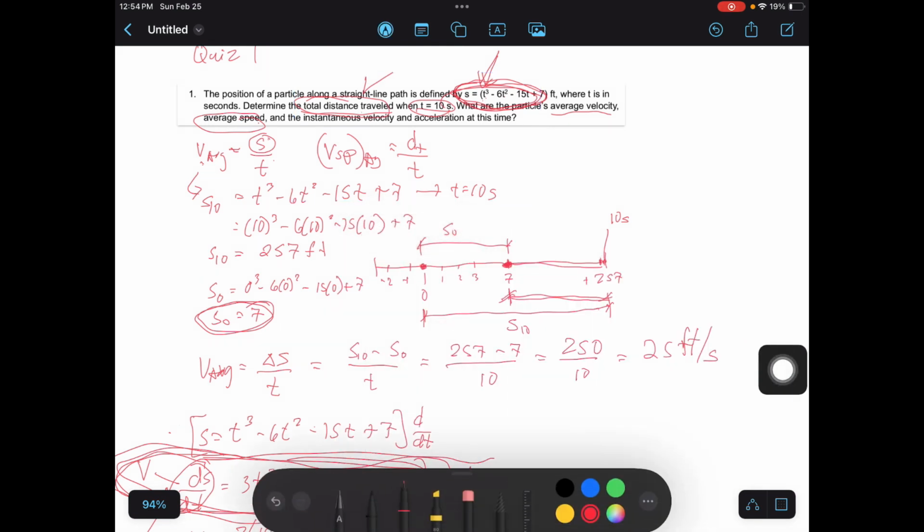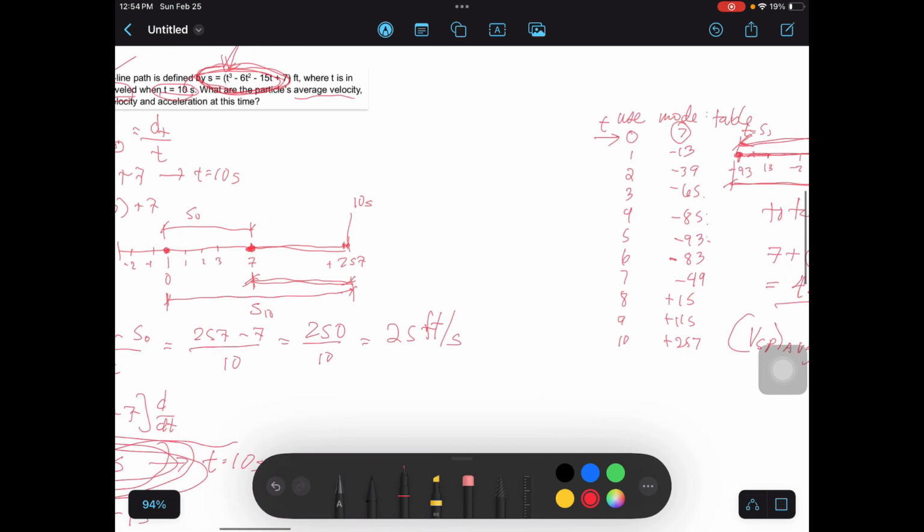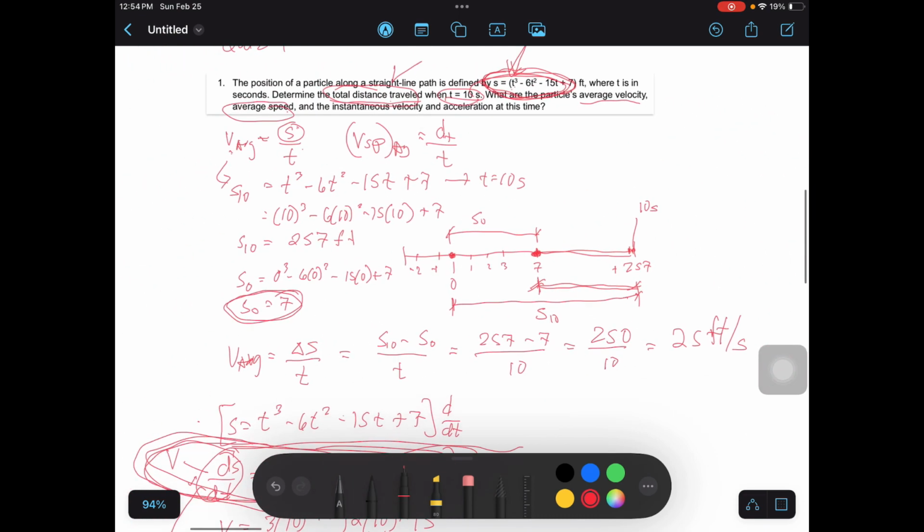So, to get yung total distance traveled, may iba-ibang ways to get that. Pinaka-logical na way is to evaluate yung movement ng particle, paano siya mag-move from time 0 to 10 seconds.